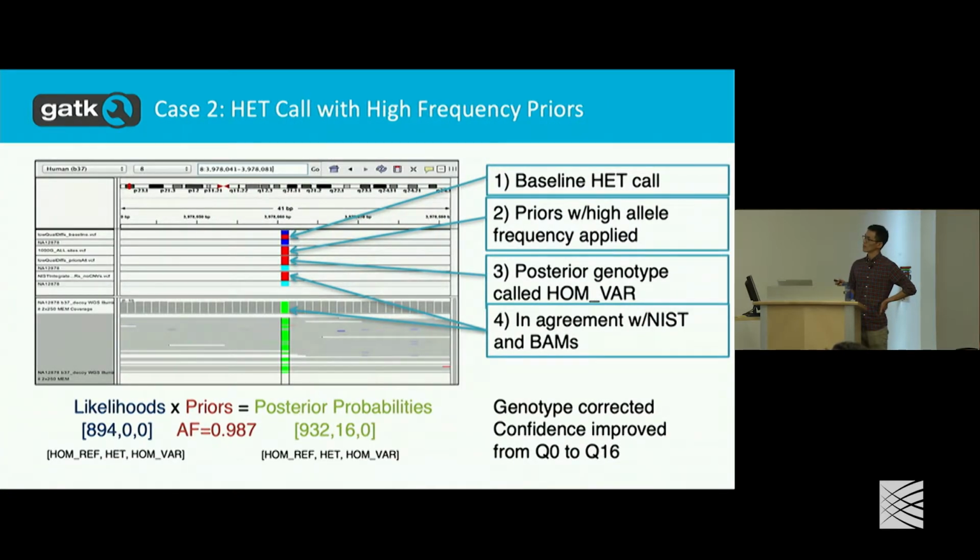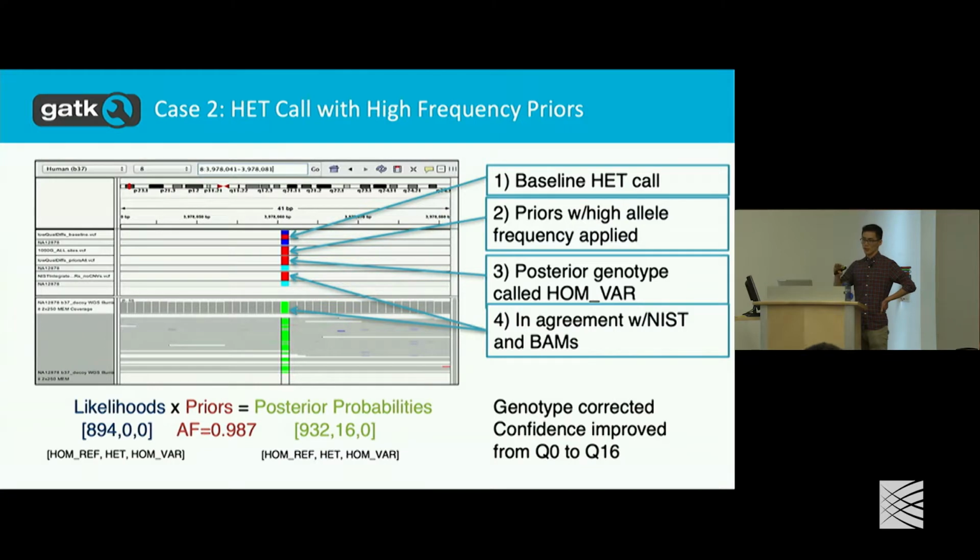Okay. Another example. This is the opposite of the example that we just looked at. The workflow up to here called this variant a heterozygous variant, but without much confidence, because it's saying that heterozygous and homozygous variant are equally likely.